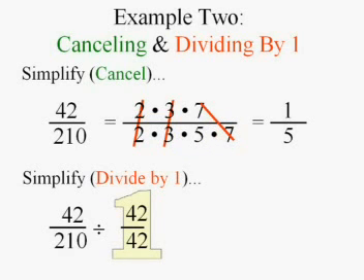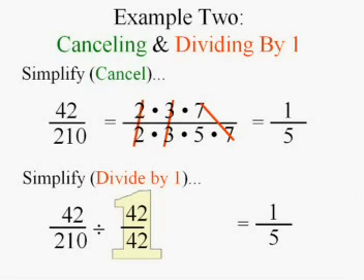So I divided by 1 in the form 42 over 42. And of course 42 divided by 42, that's why we had to write the 1. It's not 0. And 210 divided by 42, I promise, is 5. But you didn't have to do that. All you had to do was use prime factorizations. And we'll expect you to do that.